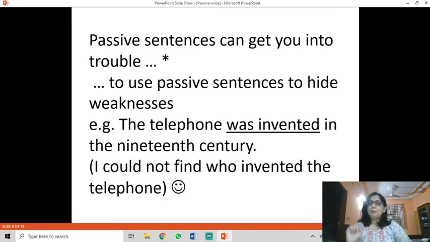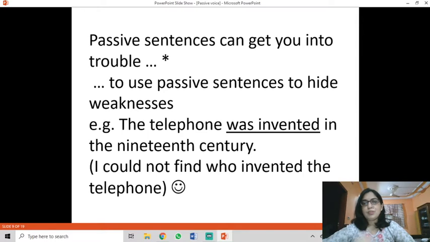So passive voice can get you into trouble. Now let's see the example. By using passive voice, you can hide weaknesses. For example, the telephone was invented in the 19th century. Now, since I could not find who invented the telephone, you are just going to skip the information. As I was telling you, in passive voice you can skip some information easily, just because you are changing the position.